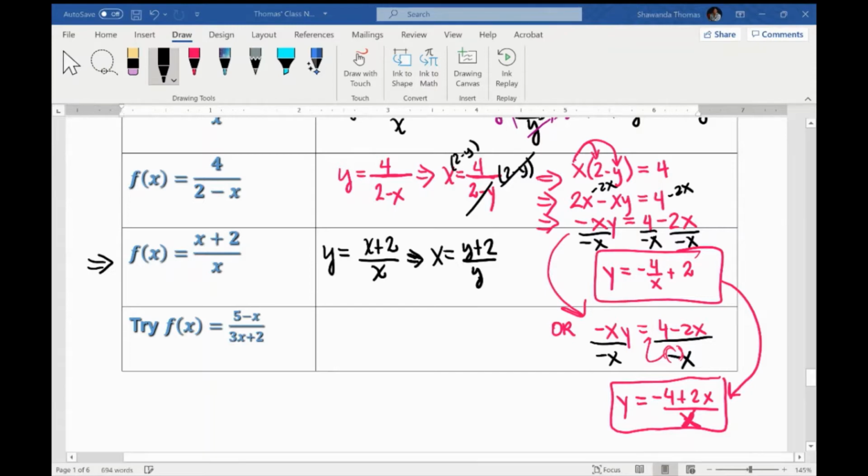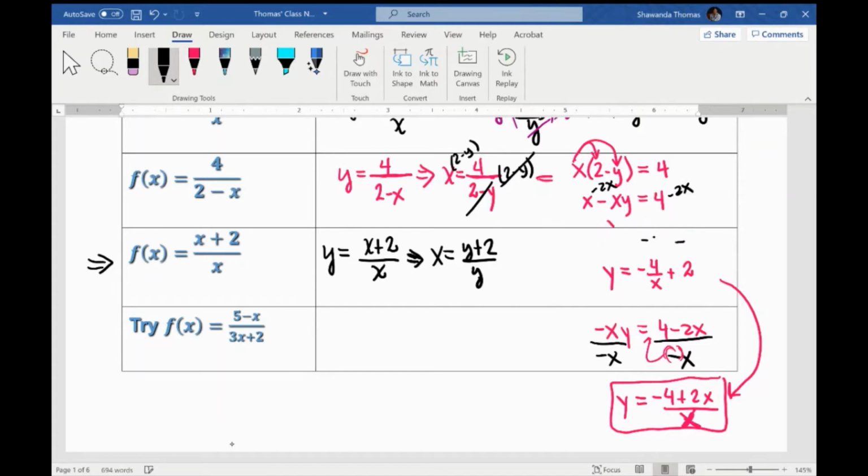Someone other than Kyria, Kenneth, and Alicia, what would you do next? Would you multiply by y? Yes, multiply by y. Let me erase all of this, it's in my way.